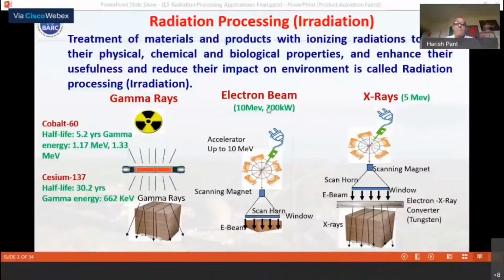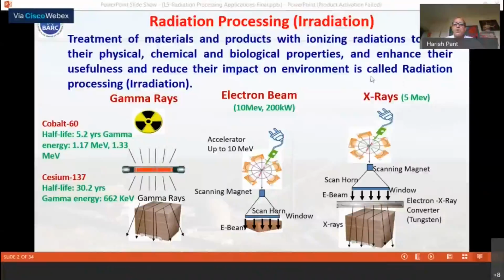So you can see that very high power machines with high energy electron beams are also used for radiation processing. The main disadvantage of these electron beams is that they have very limited penetrating power, so only a material of very small thickness can be irradiated. But gamma radiations can penetrate over a large depth inside the products, so they can be used for processing of bigger or bulk products.